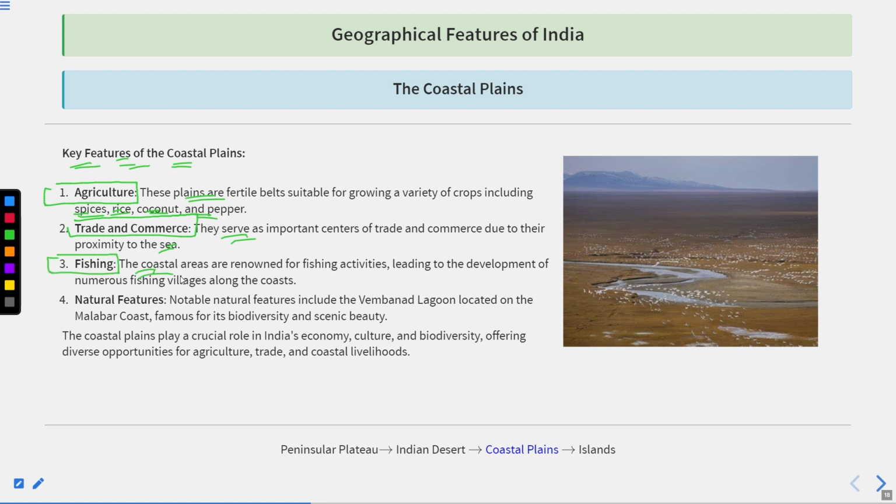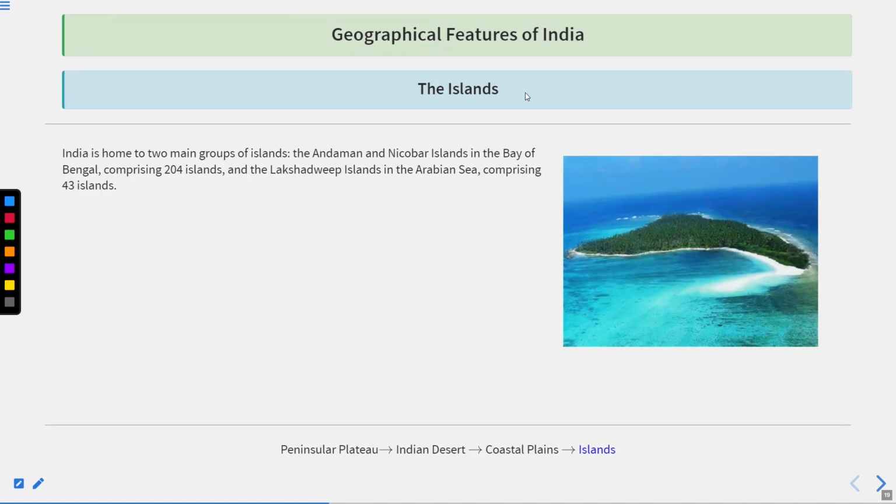The coastal areas are renowned for their fishing activities, leading to the development of numerous fishing villages along the coast. Then natural features. There are notable natural features including the Vembanad Lagoon located on the Malabar coast, famous for its biodiversity and scenic beauty. The coastal plains play a crucial role in India's economy, culture, and biodiversity, offering diverse opportunities for agriculture, trade, and coastal life.